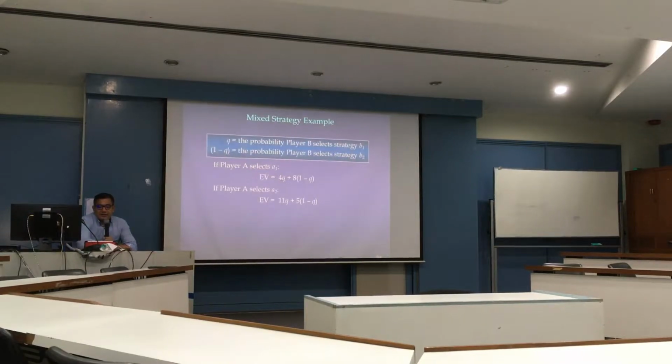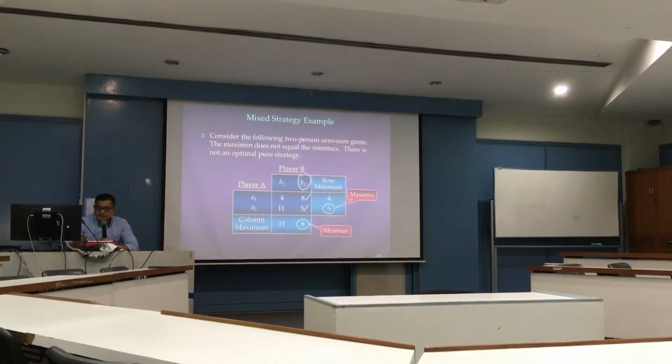On the other hand, we can solve with the same concept for player B, or company B. If we let Q be the probability that player B selects B1, and 1 minus Q be the probability that player B selects B2. Once again, if player A selects strategy A1, what happens to B?